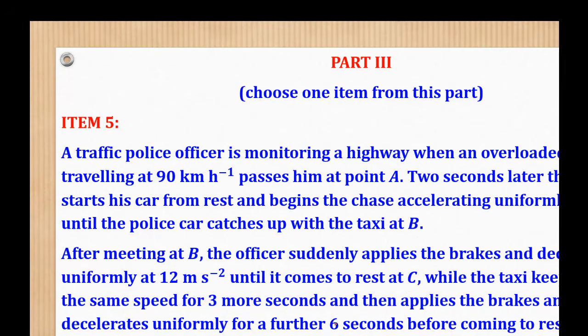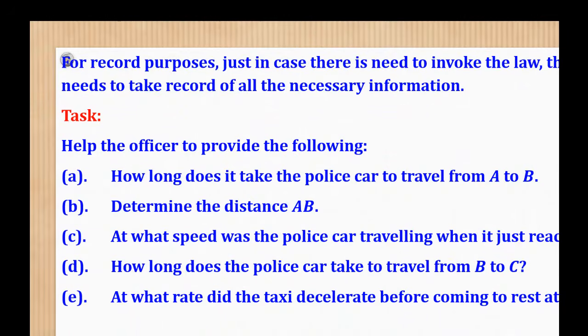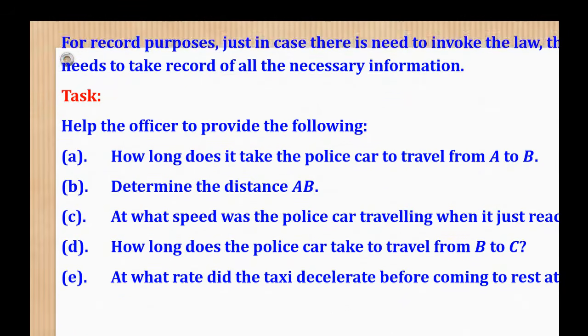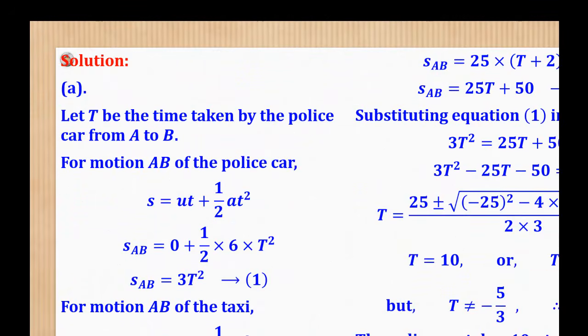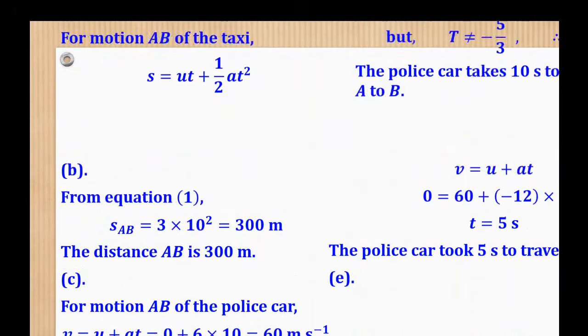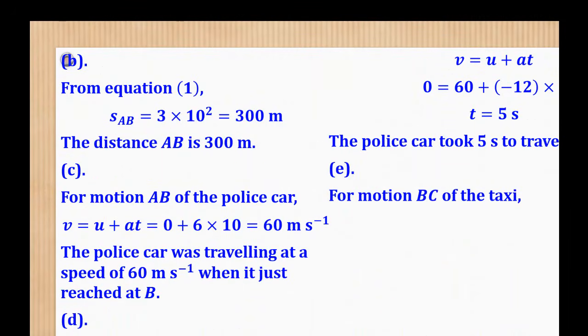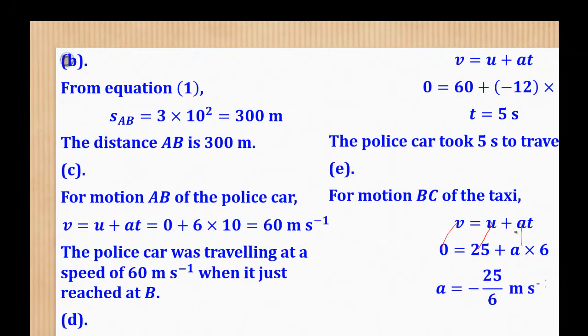Okay. So for motion BC of the taxi, using the first equation of motion, V is that, U is that, and T is that. So that will be the deceleration. So the taxi decelerated at a rate of this before coming to rest, and that's what they wanted.